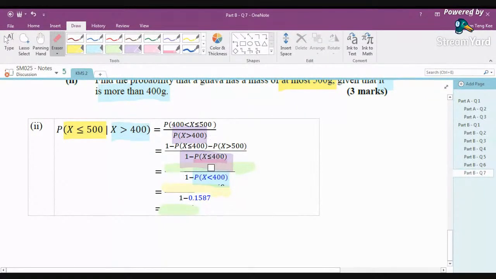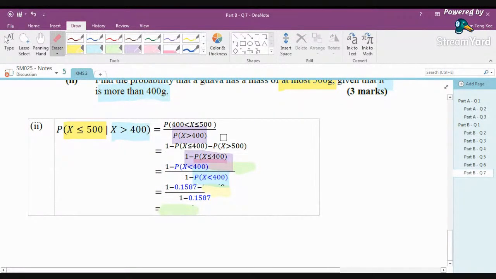Whereas on top, the same thing happens if you notice. The case of X less than 400, I also substitute with P less than 400, so that I can substitute the value 0.1587.